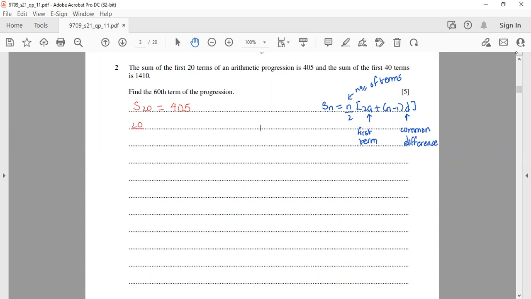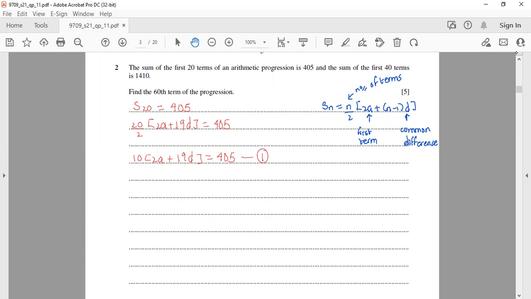So 20 divided by 2 into 2a plus, donc n minus 1, 20 minus 1, which is 19d, is equal to 405. You can simplify to get 10 into 2a plus 19d is equal to 405. Okay, donc ça c'est première équation.